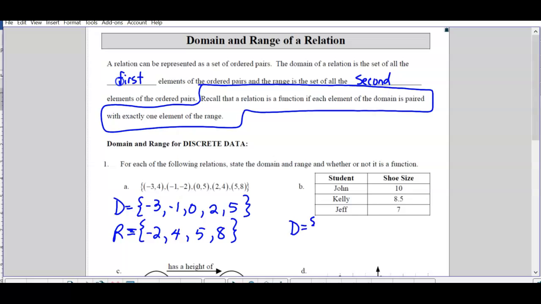Domain for the next one, we list out the names. Okay, it's not numerical, but it doesn't matter. And then the range happens to be numbers, it's shoe size. And again, here I'm going to put them in order. Does it matter? No. Is it easier for me to mark if you put it in order on a test? Yeah.